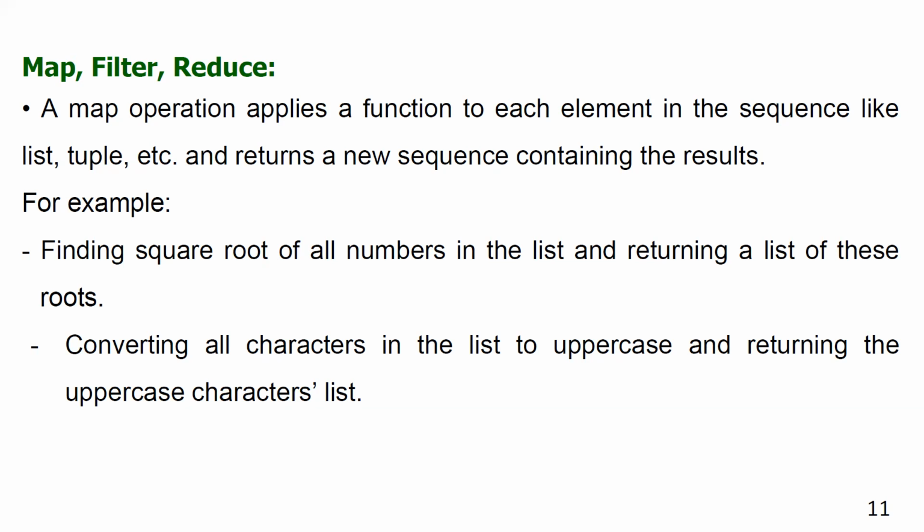For example, we define a list and want to find the square root of all numbers in the list, and it will return the list of root values. Or if you want to convert all the characters in a list to uppercase, and return the uppercase character list.